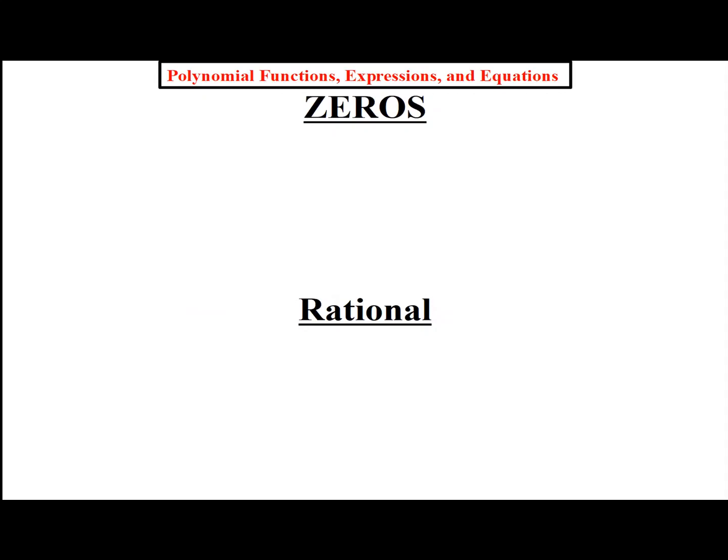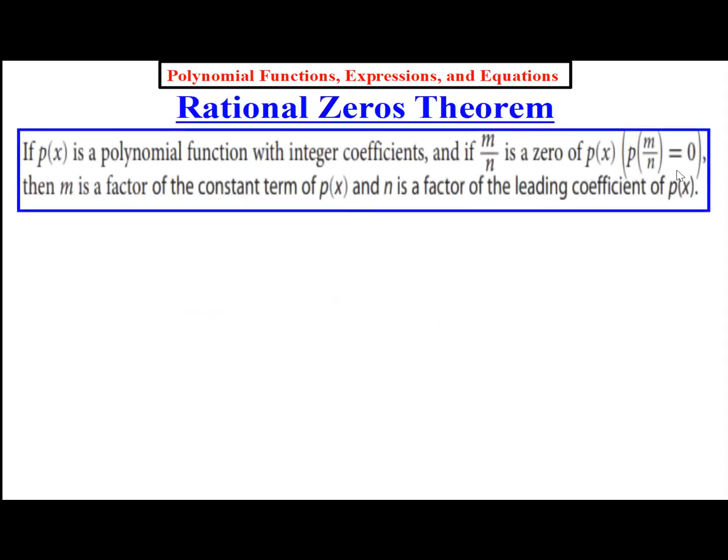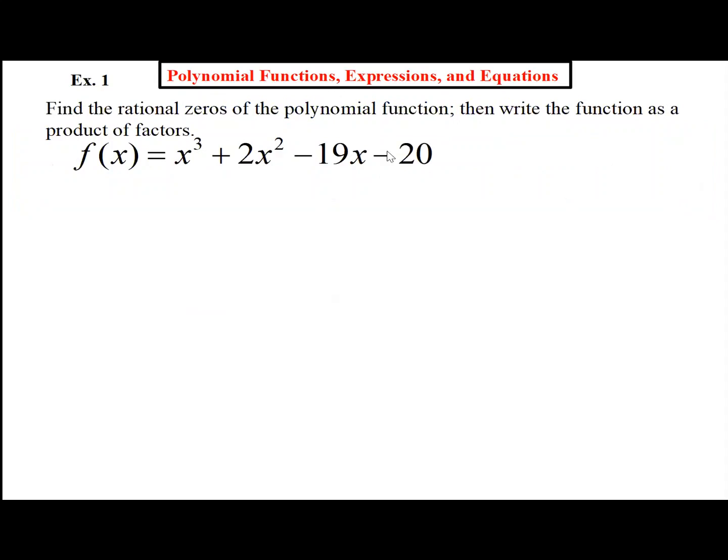Okay. From there, we moved on to the rational zeros theorem. What did the theorem say? It said that if you take the constant divided by the leading coefficient, it should give you factors, and any of those factors could be the possible rational zeros of the equation or the function. And we did plenty of that. We did example 1, which is on your screen.